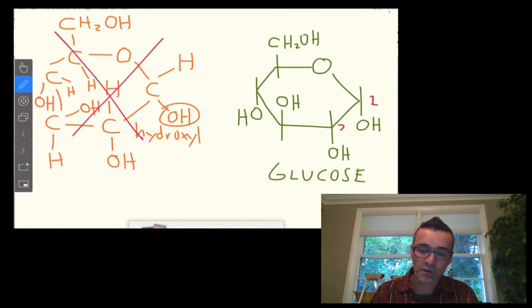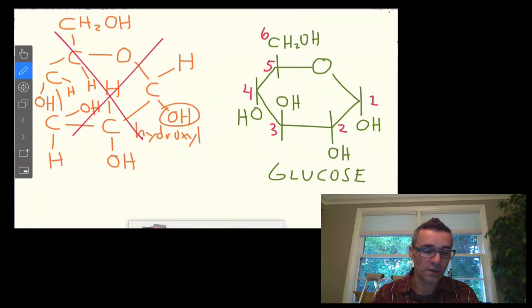This is carbon number 2, carbon number 3 over here, carbon number 4, number 5 is there in the ring. So 1, 2, 3, 4, and 5 carbon are in the ring, and then carbon number 6 is the one that's up off the ring. And those numbers are going to be important because they're going to be places where that glucose is going to interact with other molecules.